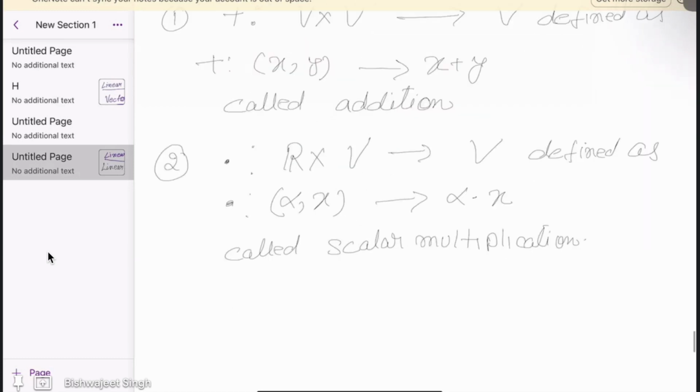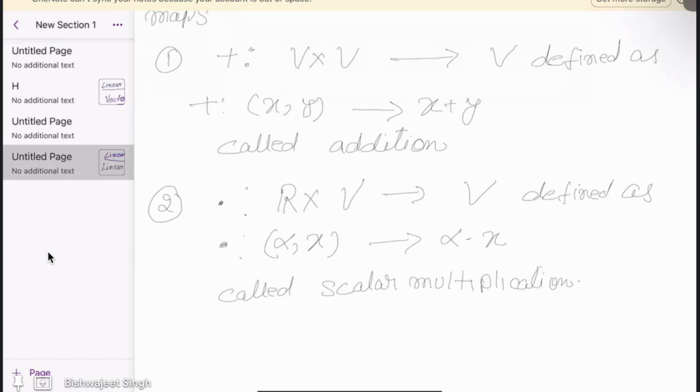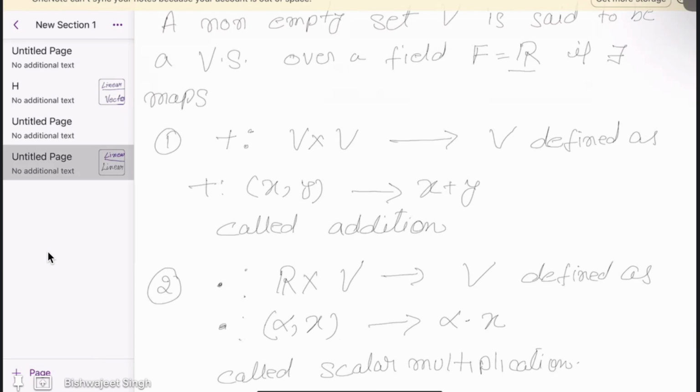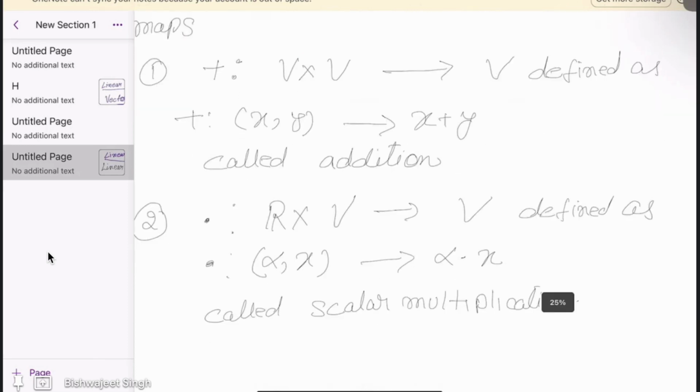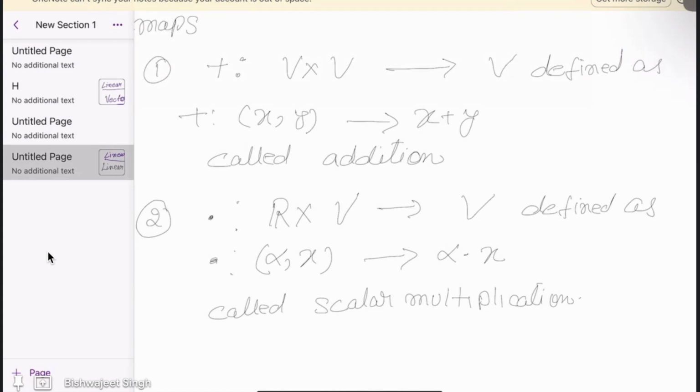So what we did till now is that we took a non-empty set V and defined two operations on it. One operation we call addition, and it will take an element of V cross V, x comma y, and map it to x plus y.